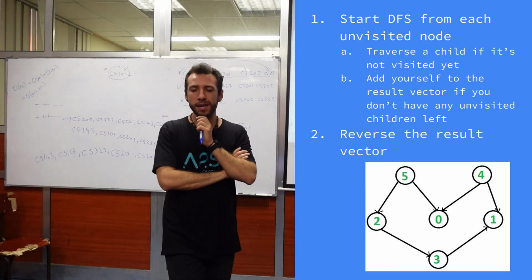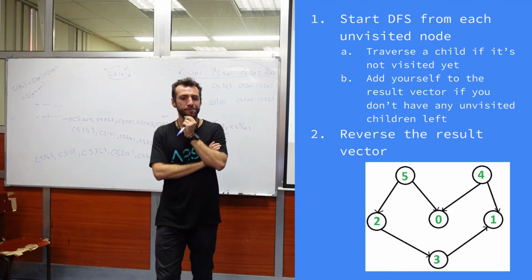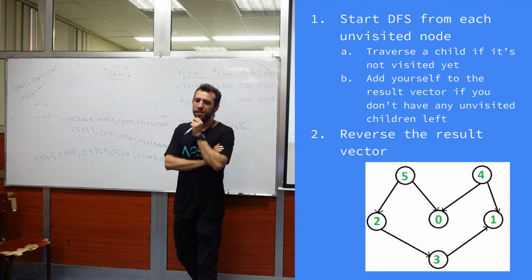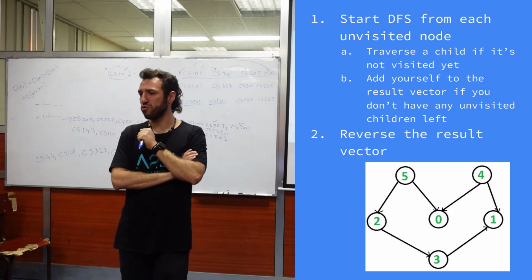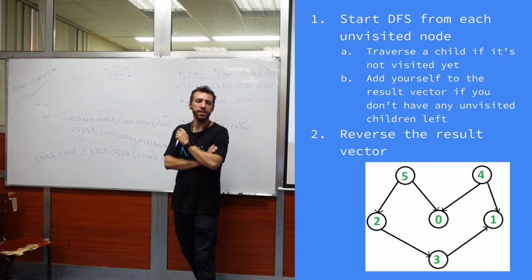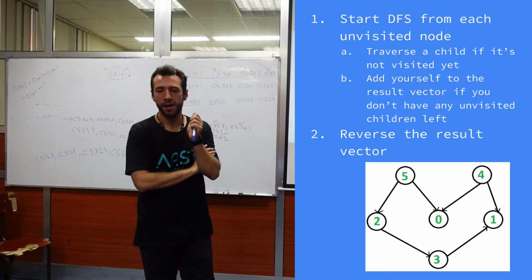Now, let's think about its time complexity. So, with this algorithm, how many times are we going to process a node? And by processing we can say we mark it as visited and then we go to its children.